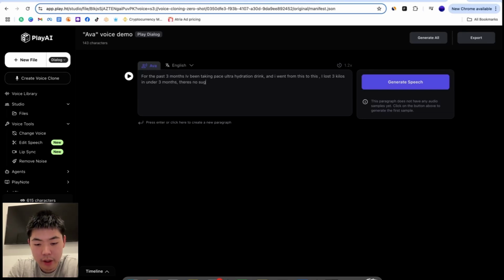There's no sugar, and tastes amazing. I now have a whole fridge dedicated to this drink. If you're someone who's trying to lose weight, you have to try Pace.